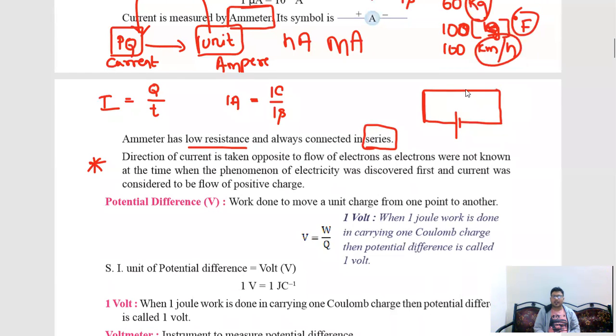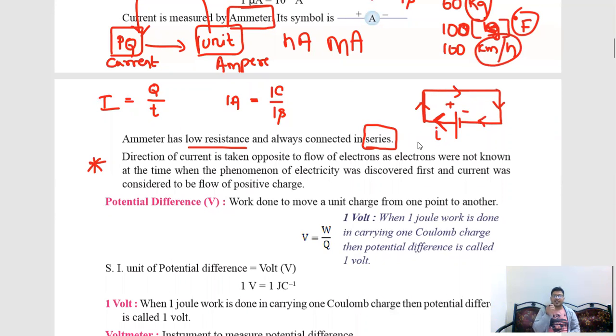I did not connect any resistor or bulb. Now if you want to mention direction of current, this is the positive terminal, the big line, and the small line is the negative terminal. Always current you have to represent like this: current is coming out from the positive and flowing through the circuit, and it will come towards the negative. So arrow mark and I, like that you have to represent.